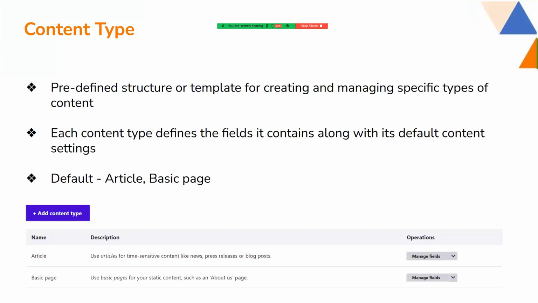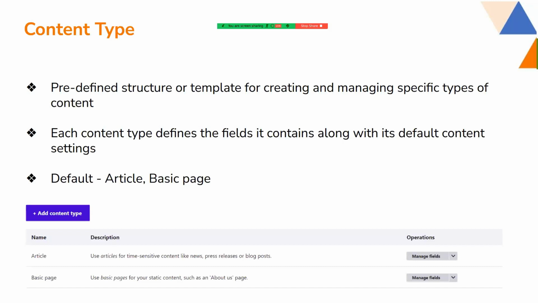Like in Drupal, they provide two example content types, basic page and article, as you see in the slides. They contain some fields and other options that we want to include in a form or a body.